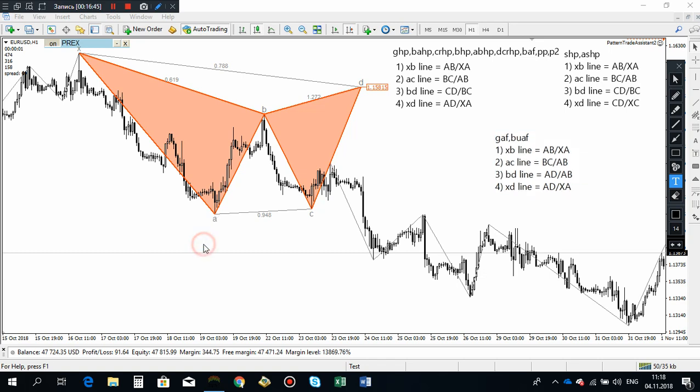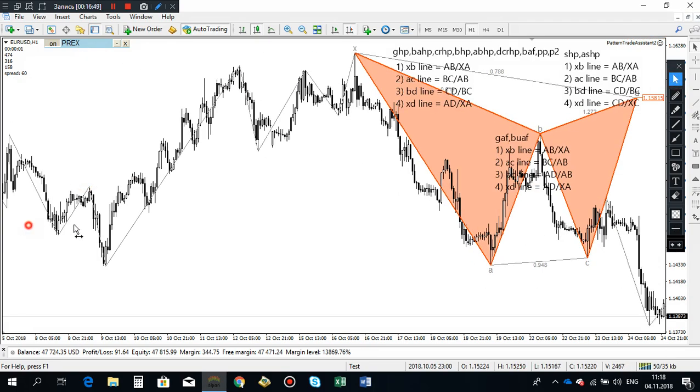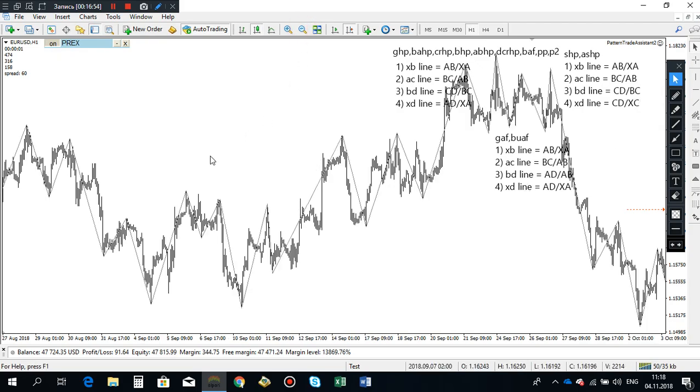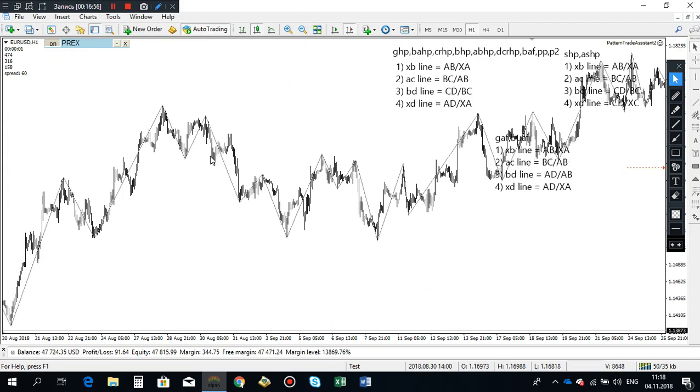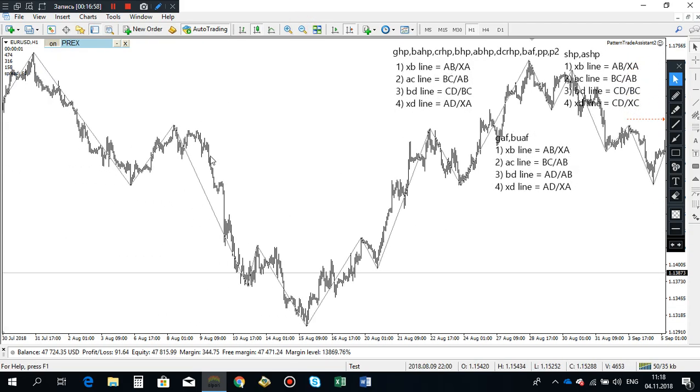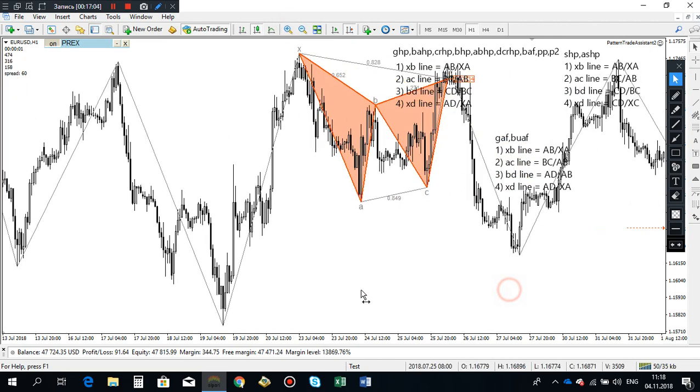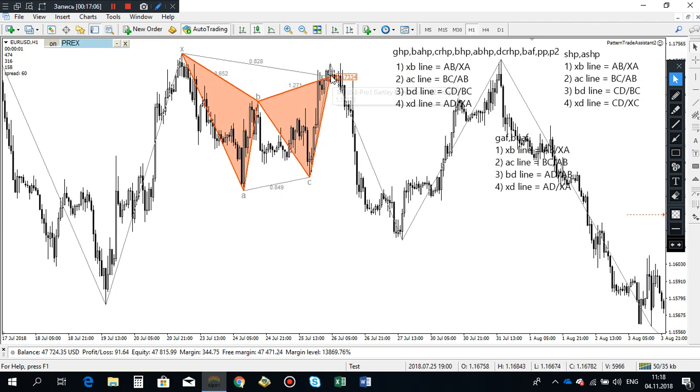Okay, so let us look at some examples, maybe more examples of Gartley advanced formations on a chart. Okay, here it is, the one that worked perfectly. This one, yes, you see a waterfall after the completion of 127.